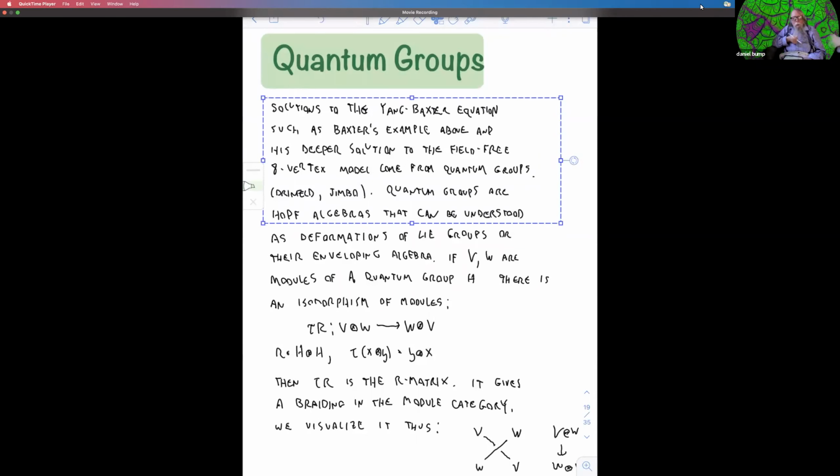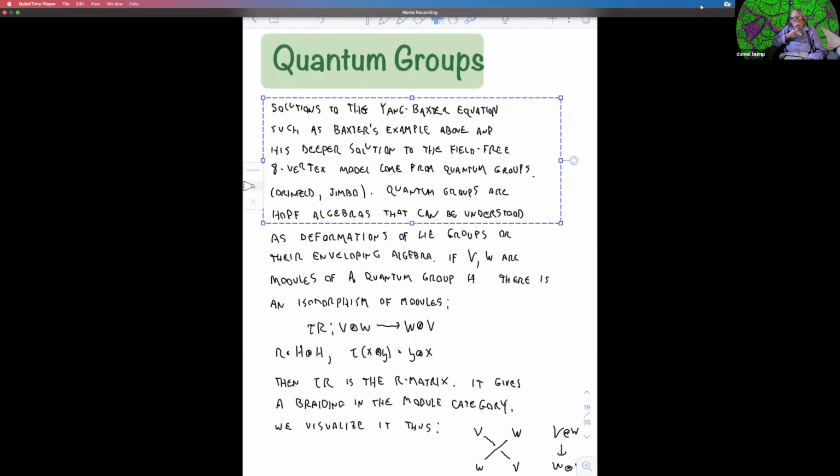It's now the UQ of SL2 hat, which was then a key example in Drinfeld's theory of quantum groups, which is set out in his 1986 ICM talk and other papers that he wrote around the same time.